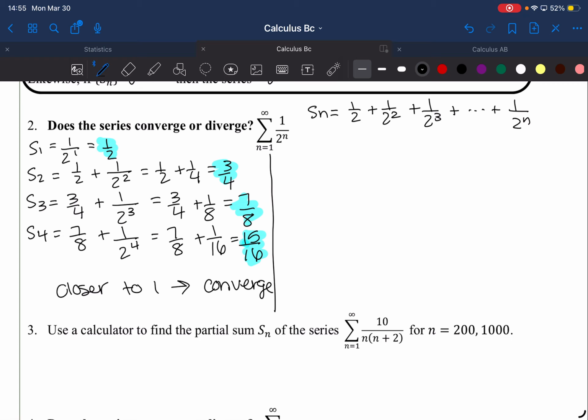Okay, we can take out the 1/2 that's in the very beginning. And when we do that, all of the nth exponents are going to increase by 1. So that means this is 1 over 2 squared as our starting value, plus 1 over 2 to the third power. And then if we continue that, since we're adding 1 to the n, this is 1 over 2 to the n plus 1.